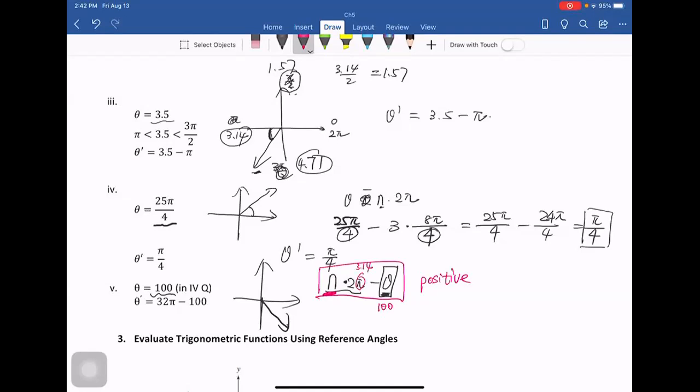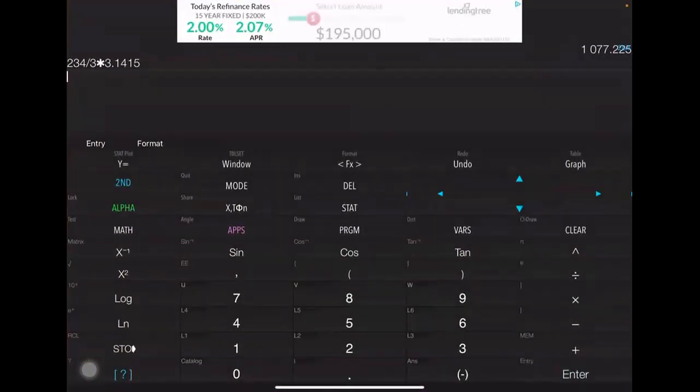Just assume 3.14, so 2 pi equals 6.28. I find that when n is 16, 16 times 6.28 is a little bit more than 100.